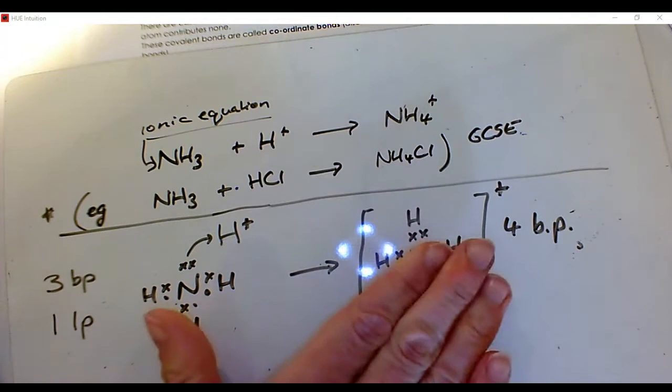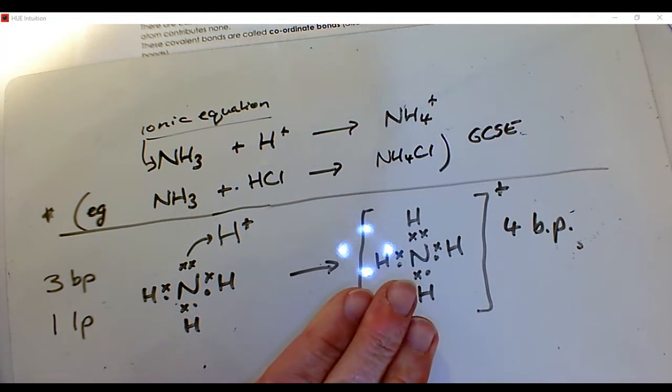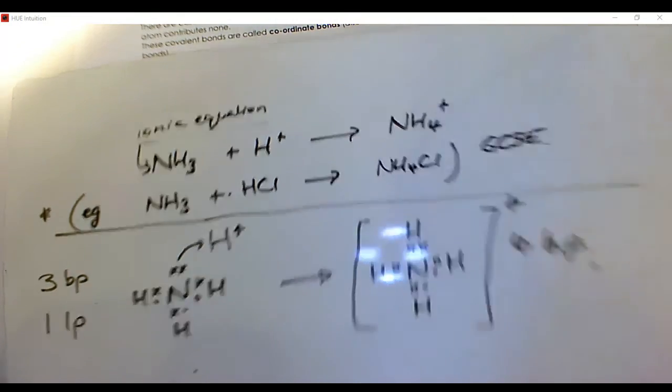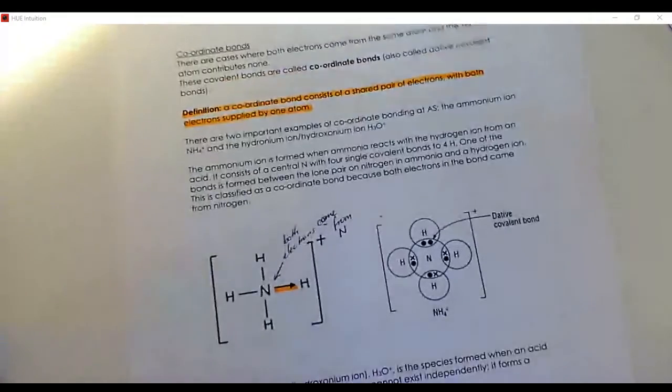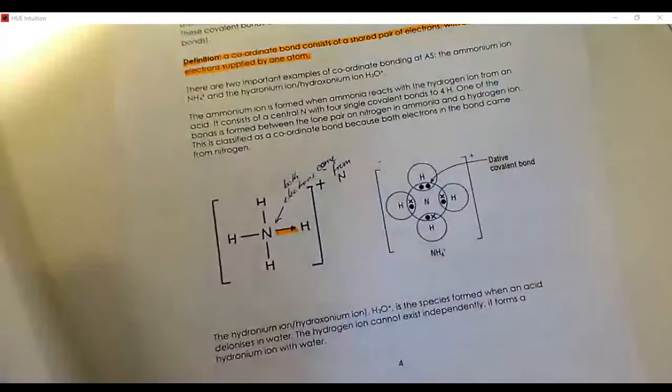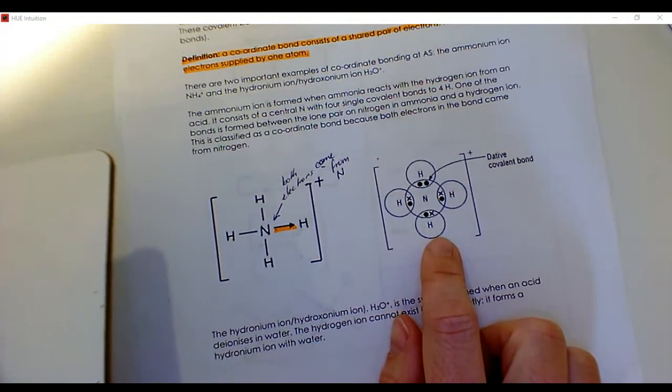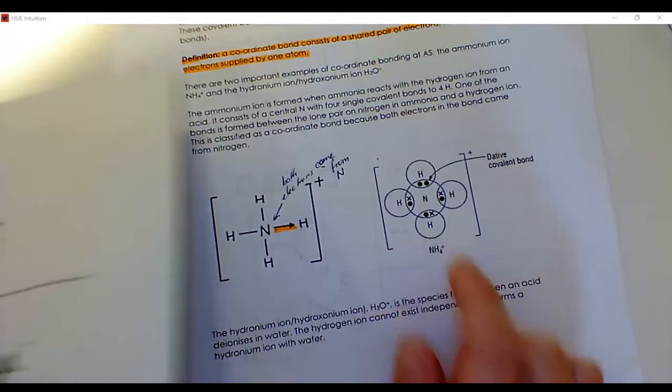So this is a molecular ion. Can I remember the definition? It's a group of atoms covalently bonded together that have an overall charge. It's the ammonium ion. Okay, so that's one of the most important ones, the most commonly asked about. So you have here this energy level diagram, the old GCSE version.